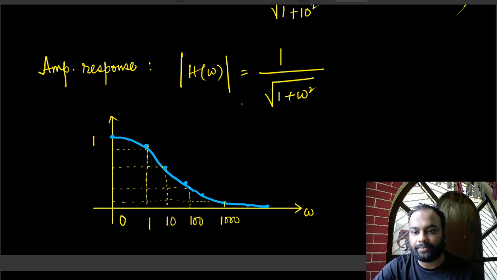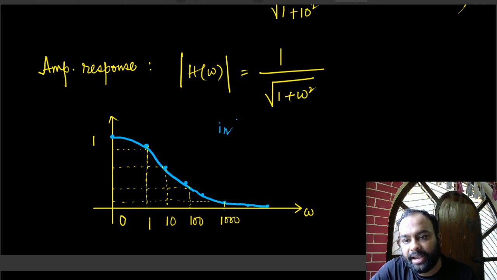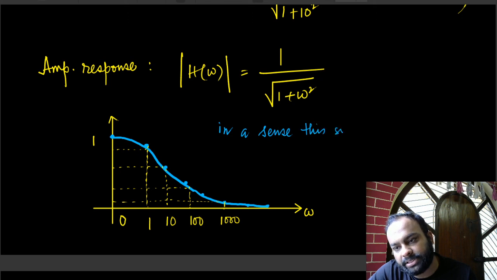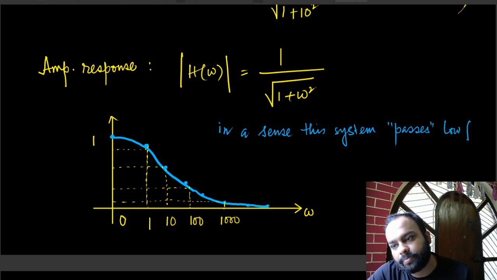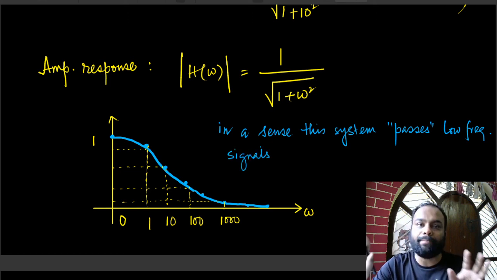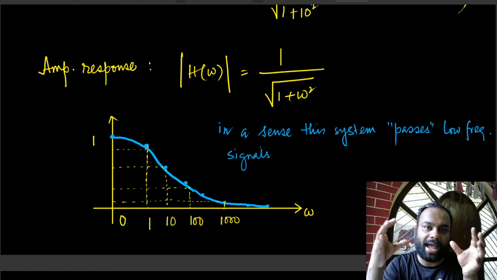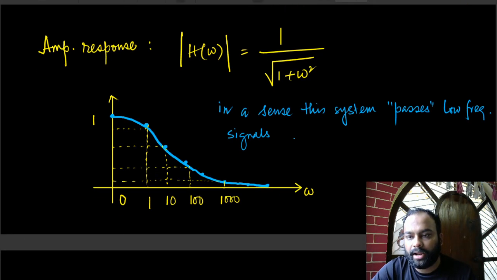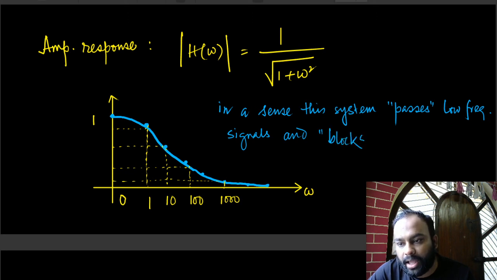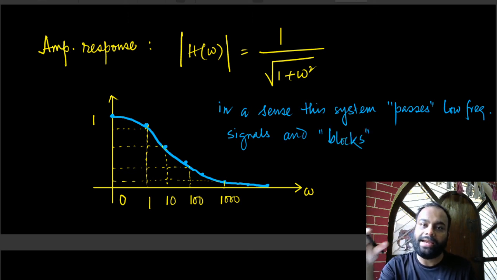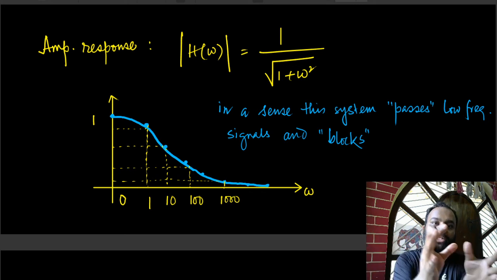So in a sense, this system passes low frequency signals. Passes means lets them go with small reduction in amplitude, and blocks means it lets the signal go with a huge reduction in amplitude.